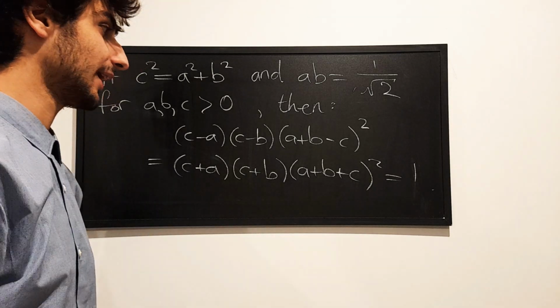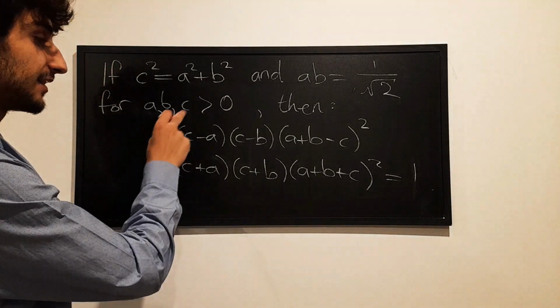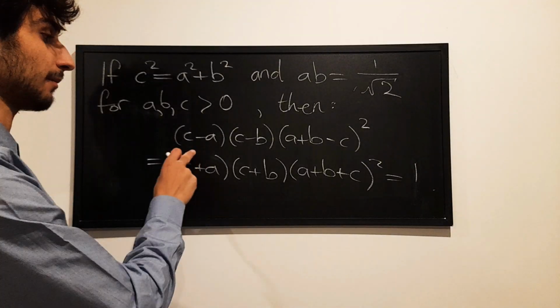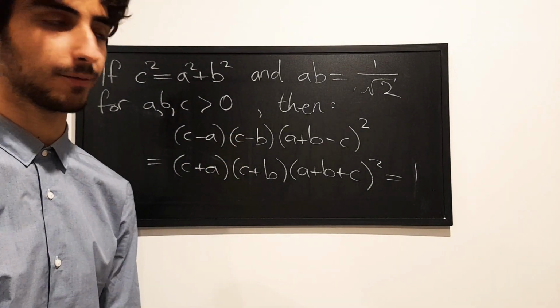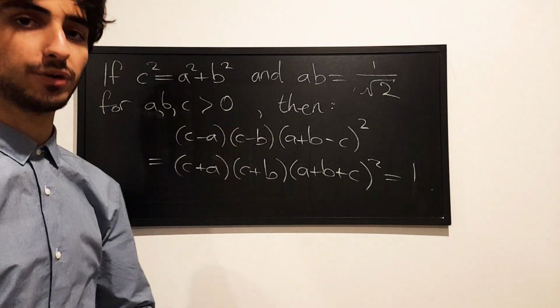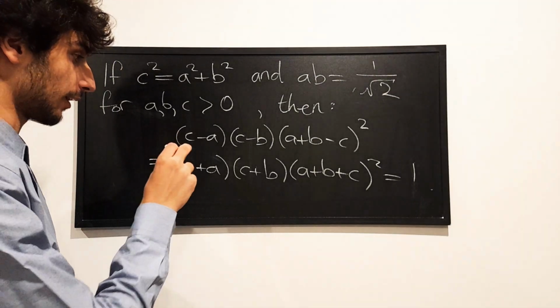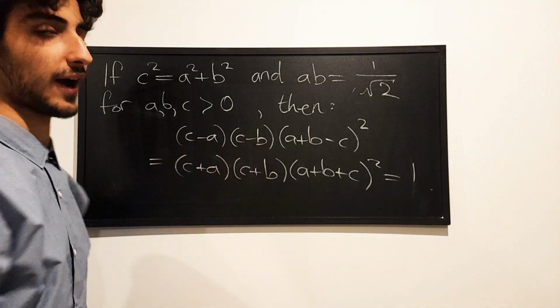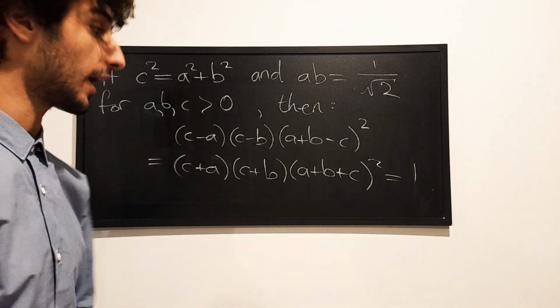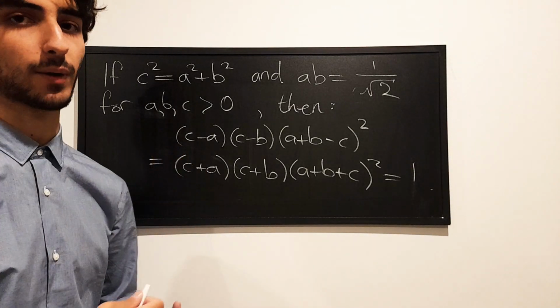I also want to make clear that I did say because a, b, c are greater than 0, this implies that c minus a and c minus b are positive. That information alone is not enough to confirm that these particular factors would be positive. We require that c is greater than a and c is greater than b.